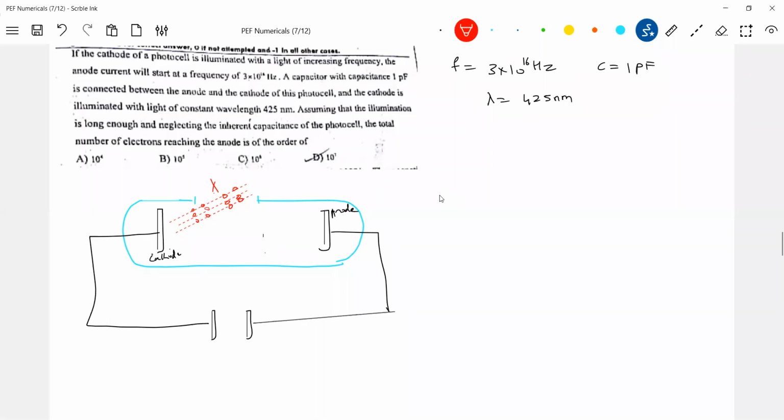So how to... light of increasing frequency, the anode, if the photocell is increasing frequency, total number of electrons reaching the anode is of the order of.